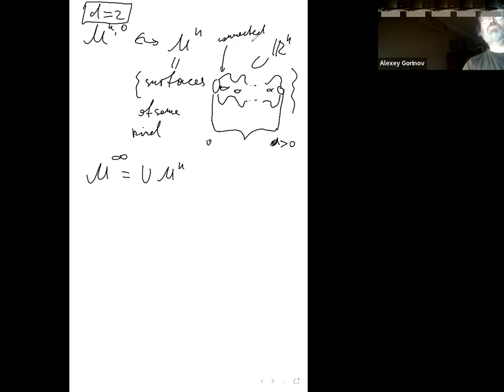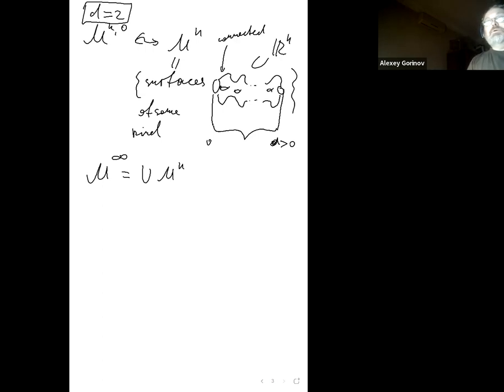Well, another assumption is the surfaces are connected, and there's one more technical condition which I don't want to mention now, because it would be unmotivated for us with what we know at the moment.